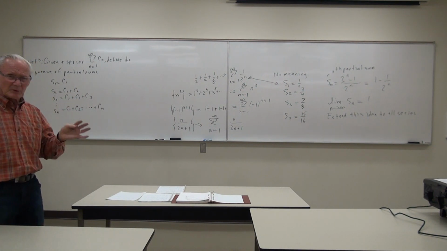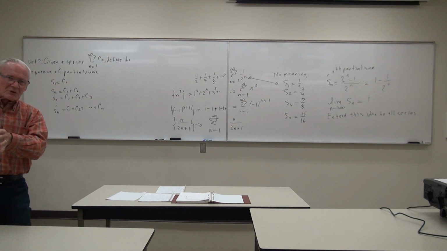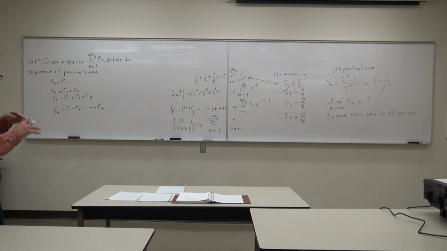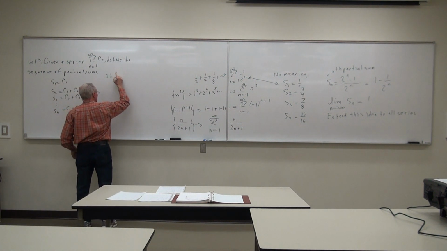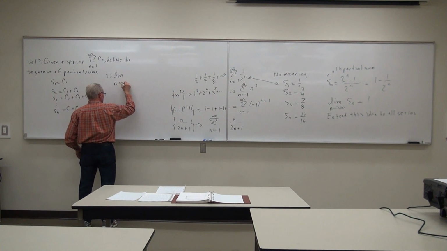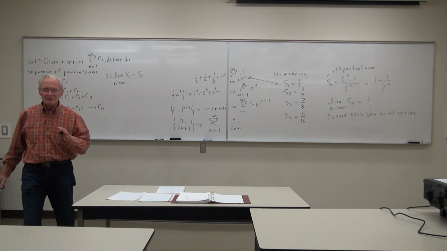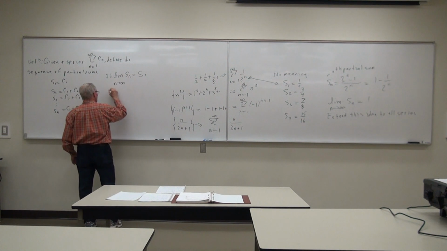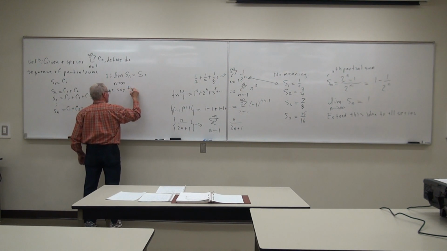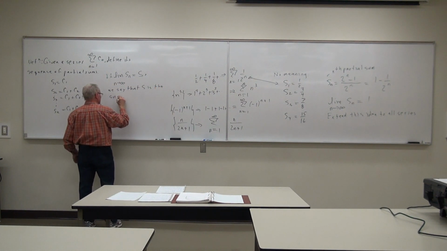Notice then that there are really two sequences here. There's a sequence of terms from which the series arose. Now we produce from the series a sequence of partial sums. If the limit as n goes to infinity of S sub n exists, if that sequence has got a limit, call it S, we say that S is the sum of the series.